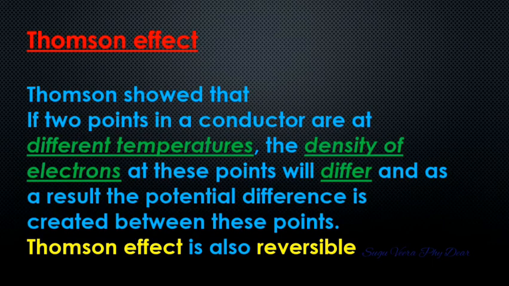Third effect, Thomson effect. This topic is the end of the second lesson. Thomson showed that if two points in a conductor are at different temperatures, the density of electrons at these points will differ, and as a result, a potential difference is created between these points. Thomson effect is also reversible.